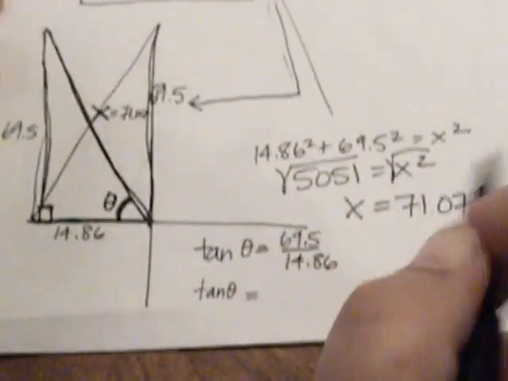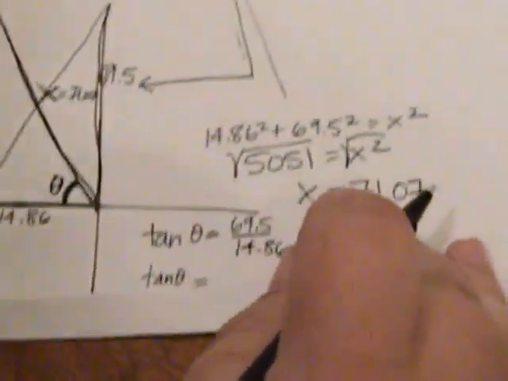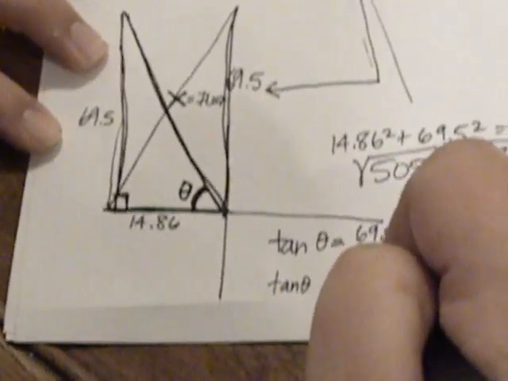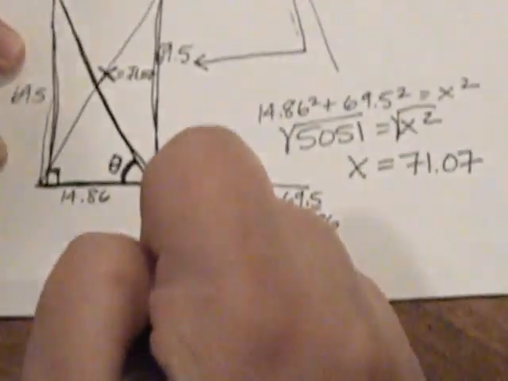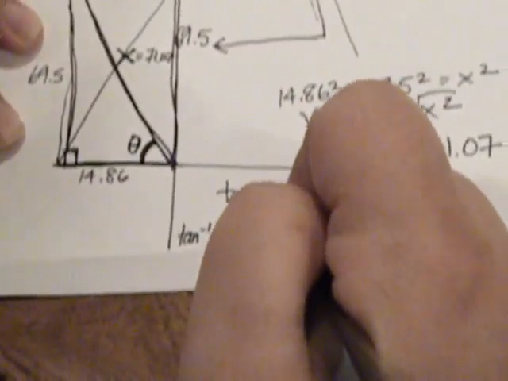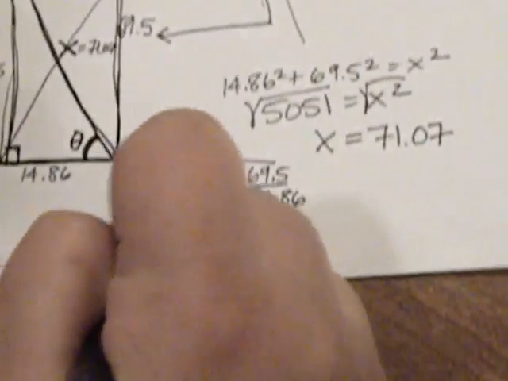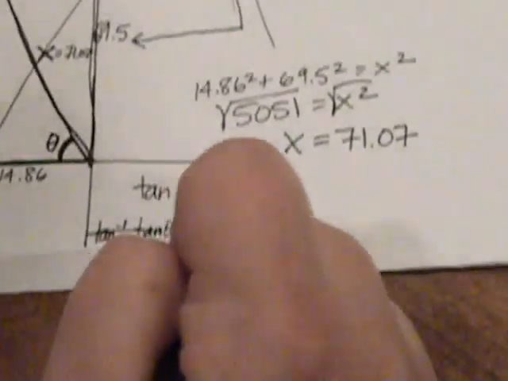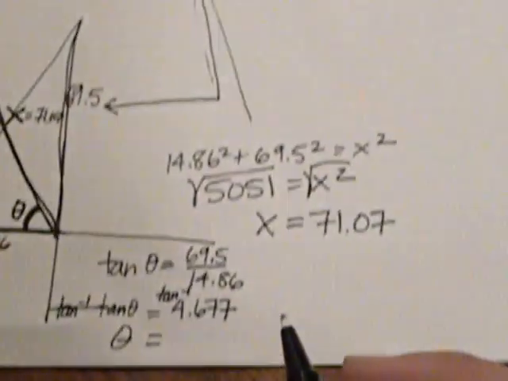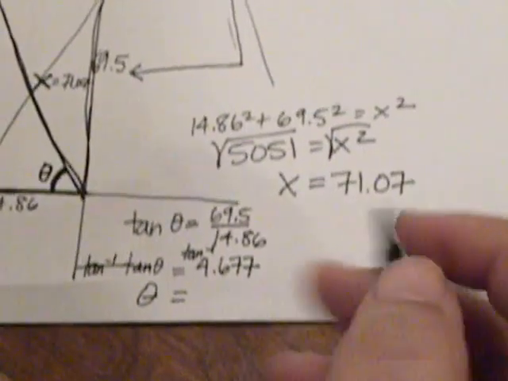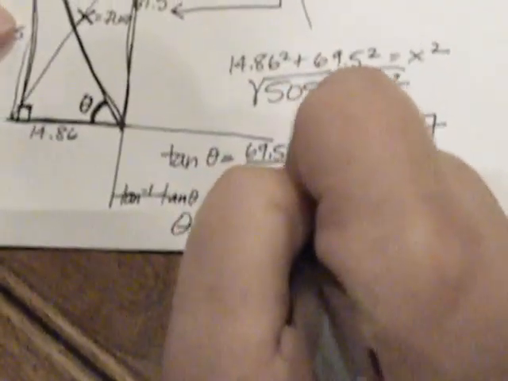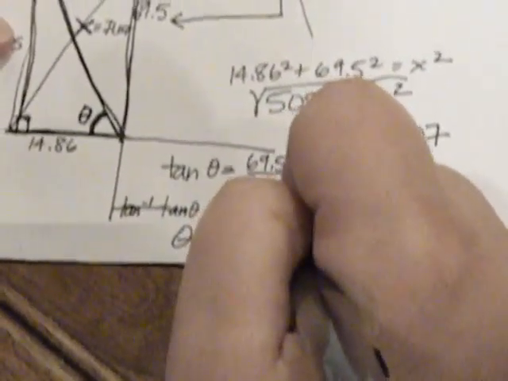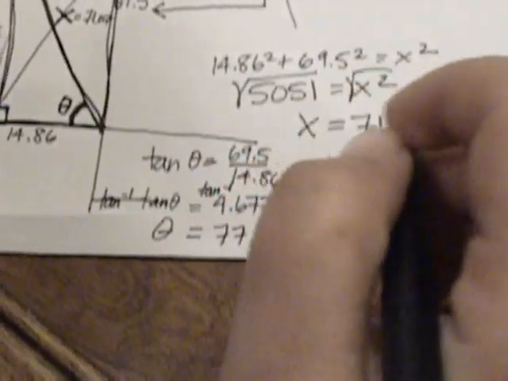So tangent of theta is equal to 4.677. And then I just need to do my inverse tangent to both sides. They cancel each other out, and we get theta equals 77.933 degrees.